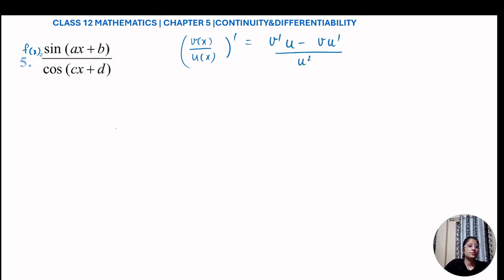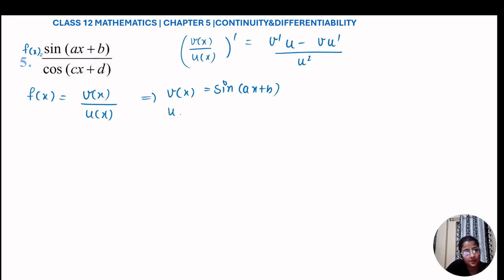So we would apply this only. So for that, our f of x is v of x divided by u of x. From here, as you can see, our v of x is nothing but sine of ax plus b, and our u of x is nothing but cos of cx plus d.